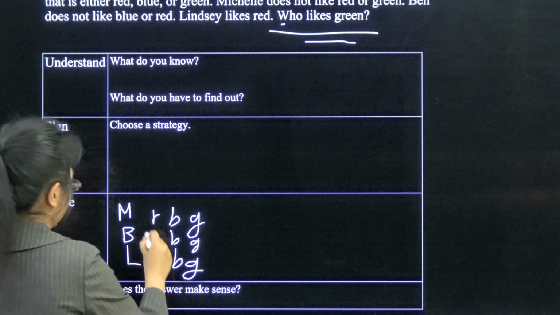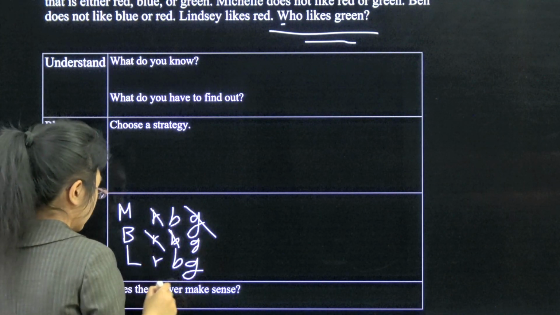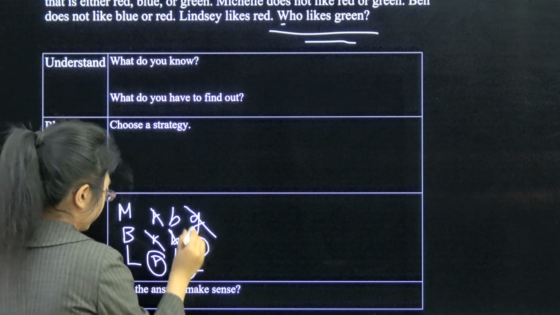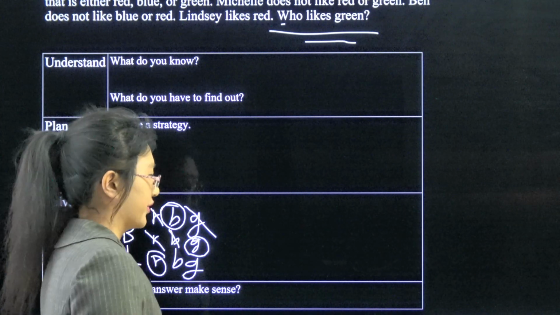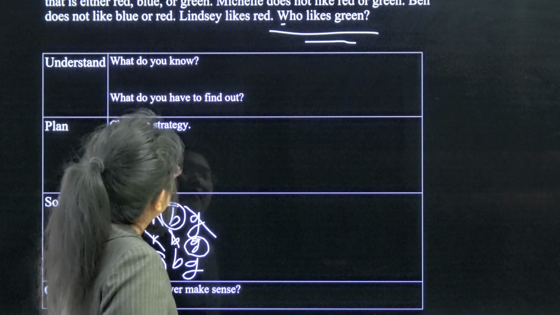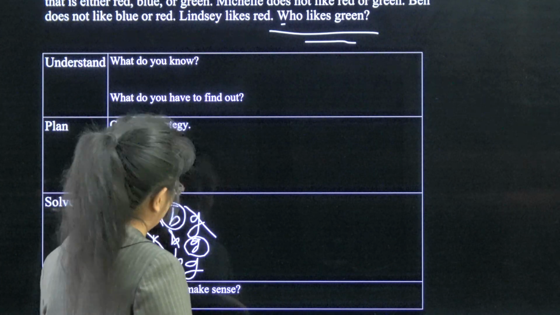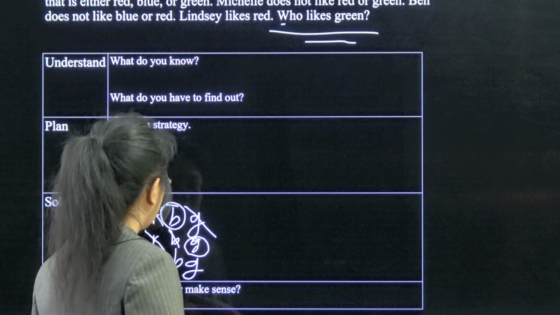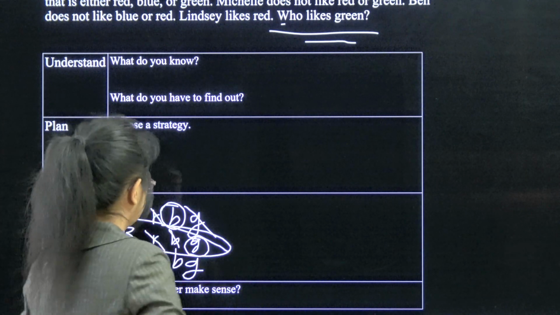And then Ben does not like red or blue. Michelle does not like red or green. Lindsay likes red. You could also act it out with friends. Personally, I would choose logical reasoning because it's quicker and I don't need to draw things. But either way, you get the same answer that Ben is the one that likes green.